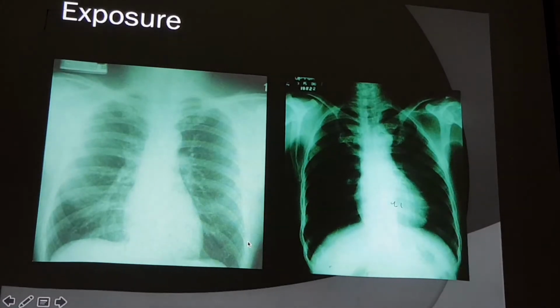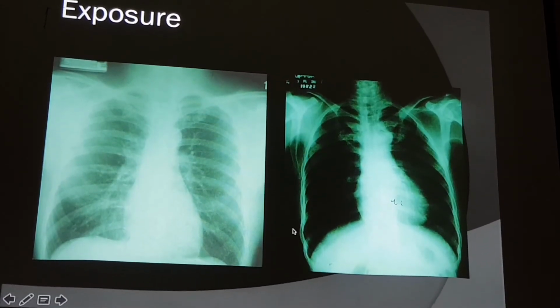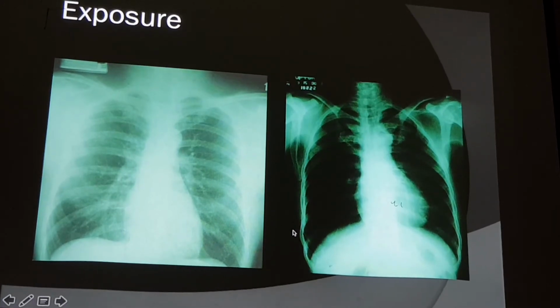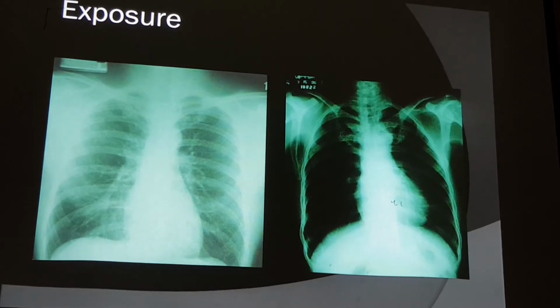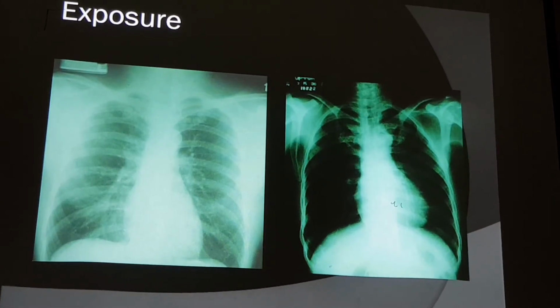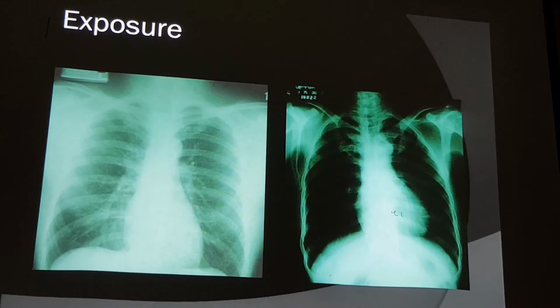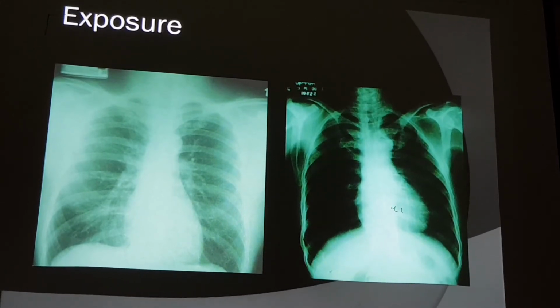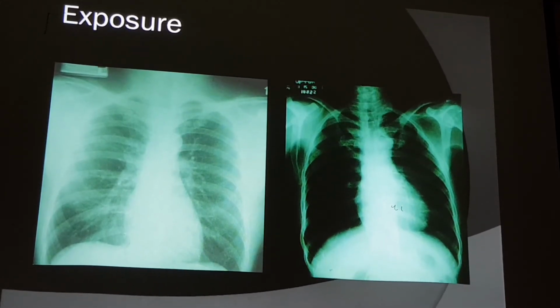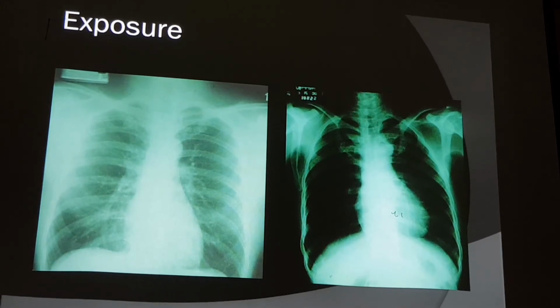And here, exposure. Exposure refers to how your chest X-ray will look. Depending on the habitus of the patient, the tech will give a certain amount of standard energy through the tube.